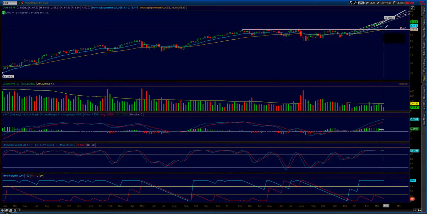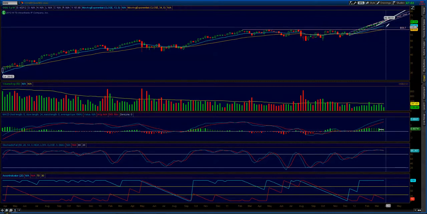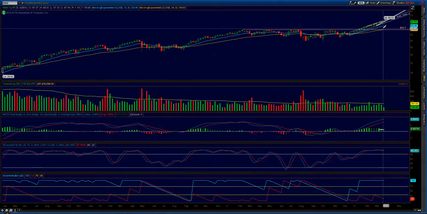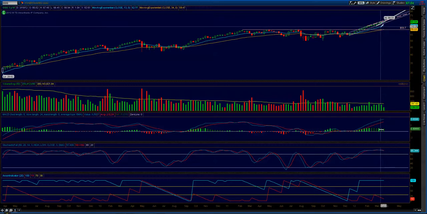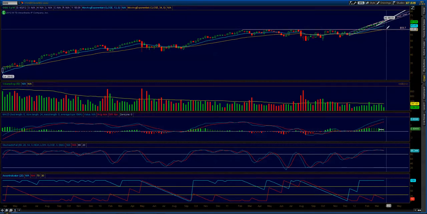But I don't see it happening since Apple is, I believe, 20% of the actual QQQ, which is quite a bit. So it's going to take a lot to push Apple all the way down to make this indice head down to the 34-day moving average on the weekly. But you never know.